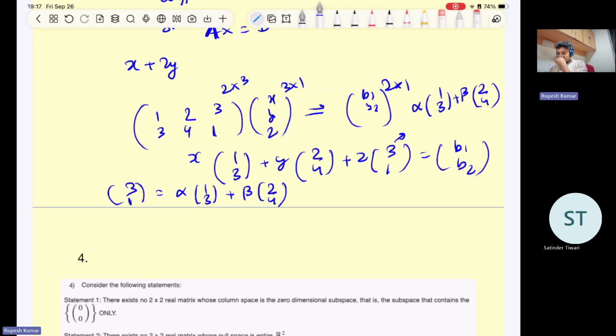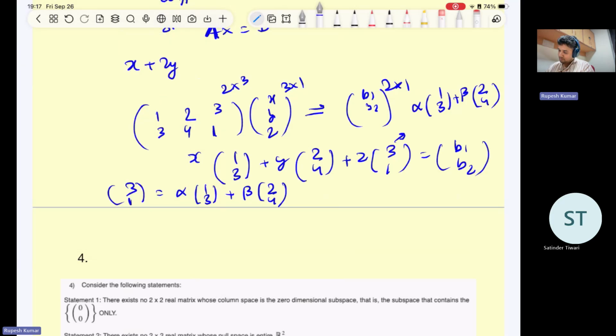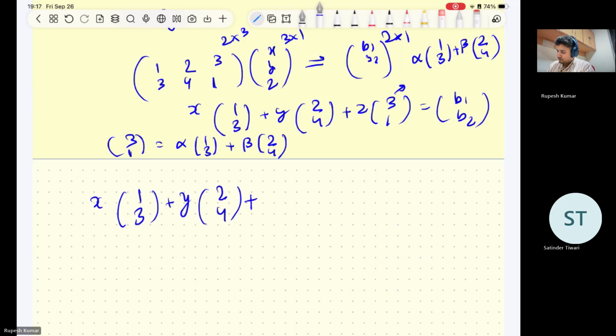Now, when you see the system of equations, you will see that x into this plus y into this plus z into alpha (1, 3) plus beta (2, 4).